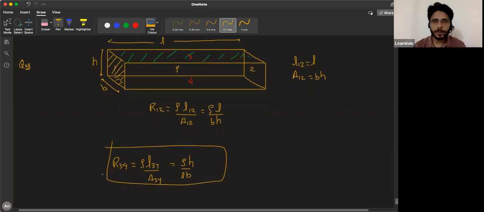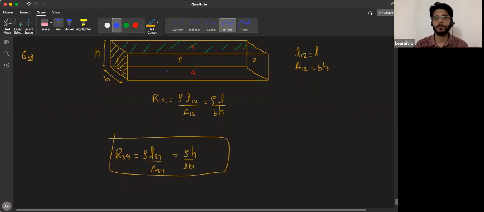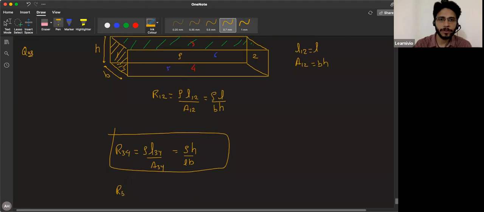If I give you two more points, like a point in the front, 5, and a point in the back, 6, and ask you to calculate between 5 and 6, it's rho. L will be the separation between the front and the back face, which is B. Then area is the area of the front or the back end.